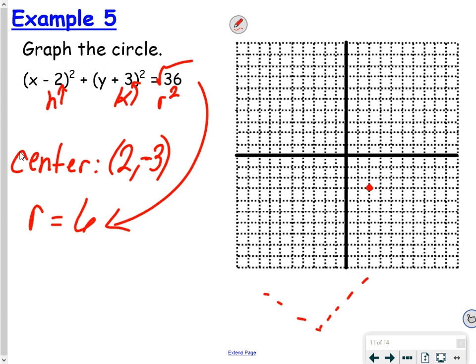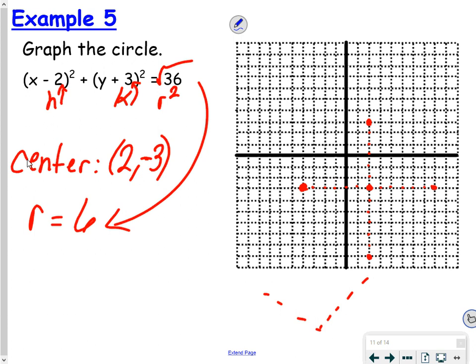Imagine you're on a map, you're going to go north 6 units: 1, 2, 3, 4, 5, 6, right there. South, 1, 2, 3, 4, 5, 6, right there. And east and west, same thing. So to the right, 6 units. To the left. Boom.